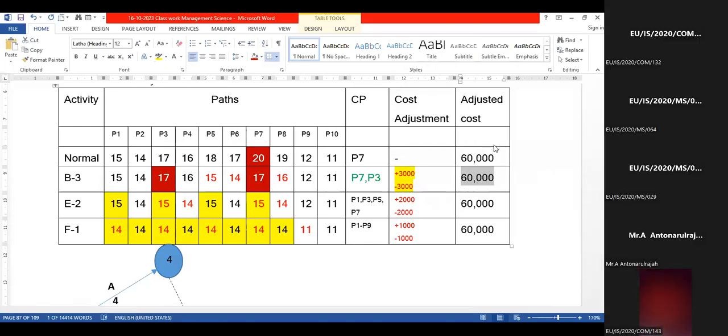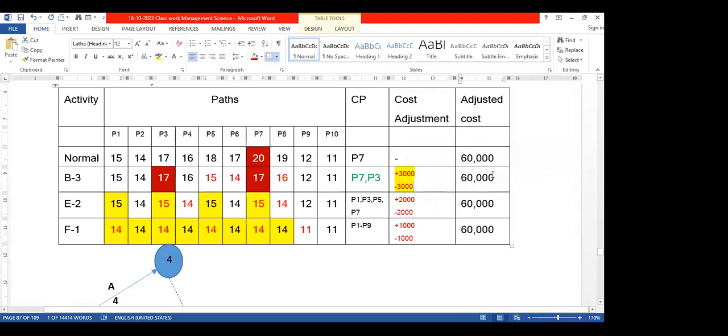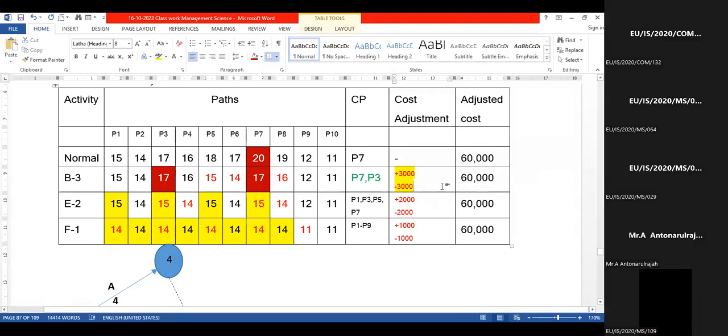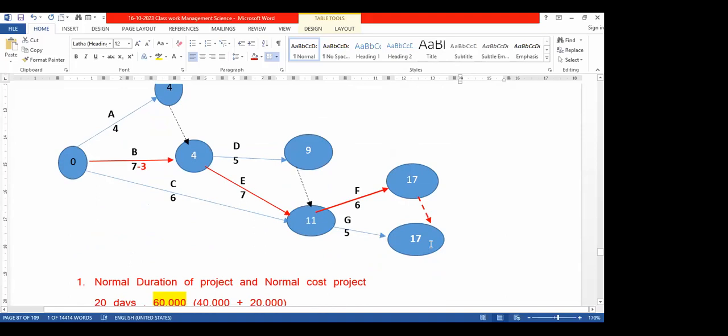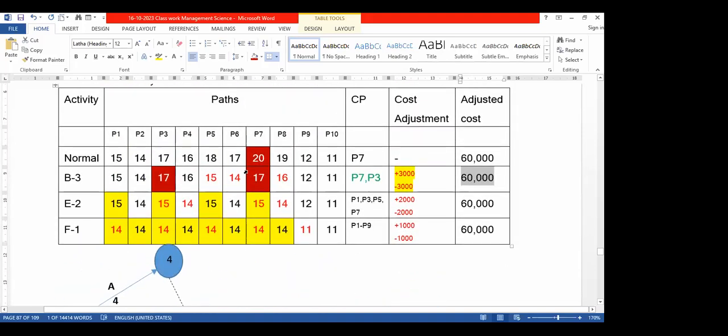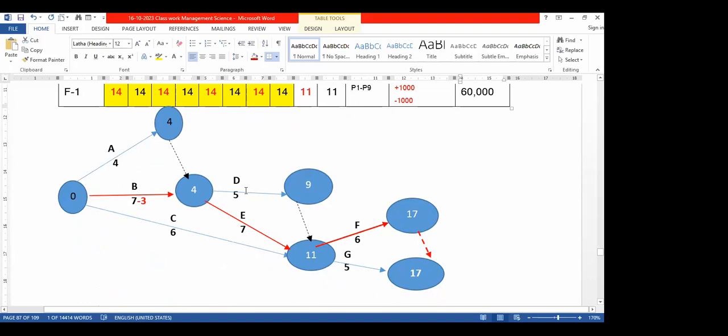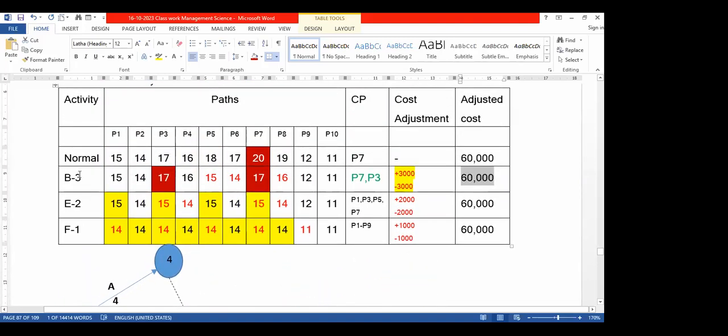For easy understanding, I take this example, there is no change. Say the cost reduction is 4,000, increased by 3,000, then it becomes 59,000. But here there is no change. Increase also same rate, reduction also same rate. Okay, it's 60,000. Then now you see this is 70 days. So the table and diagram should be matched at this point.